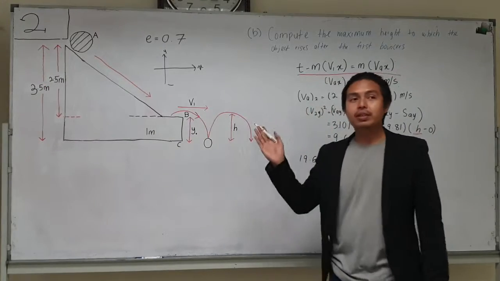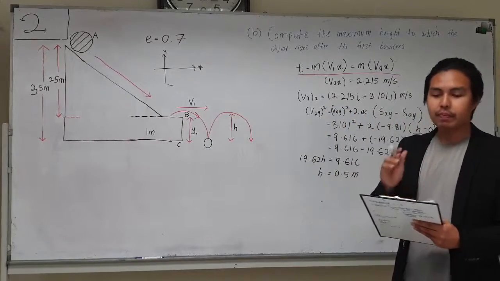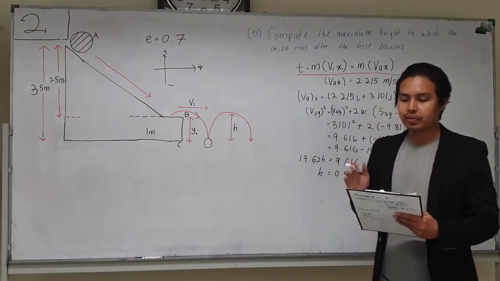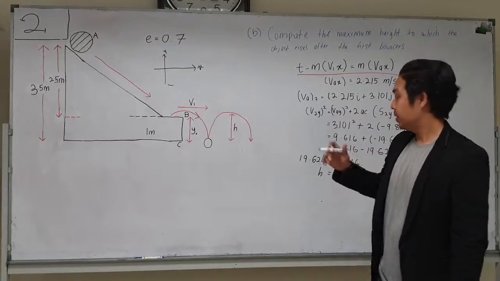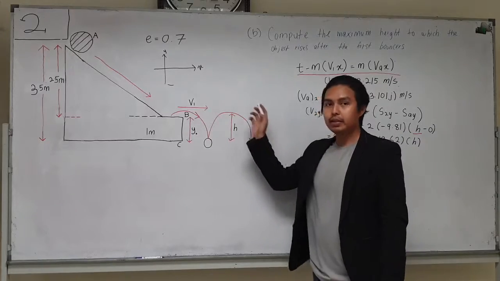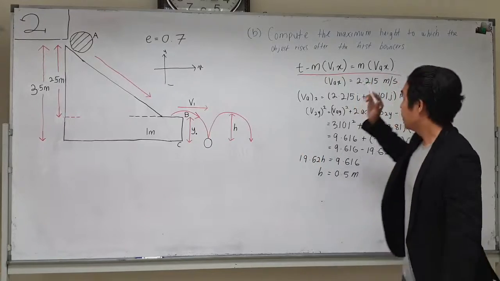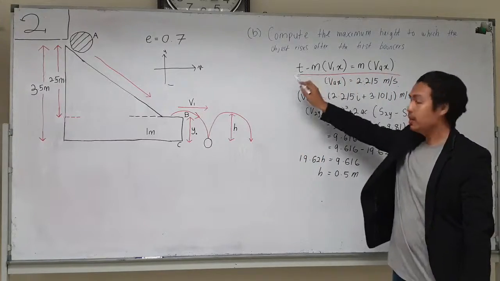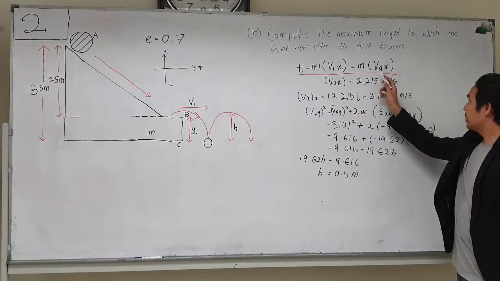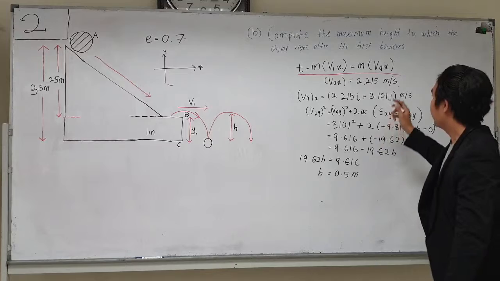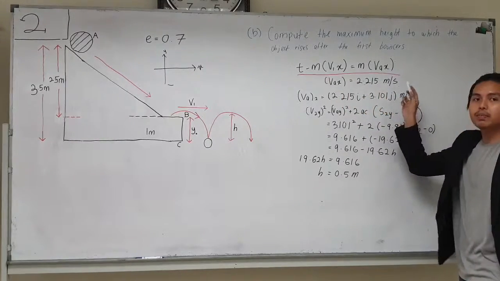Okay, for question number 2B, it is asking to compute the maximum height to which the object rises after the first bounce. This question asks for the height at the second rebound. First of all, we should write down the equation. The equation is: mV1x equals mVAX, and we know that VAX is equal to 2.215 meters per second.